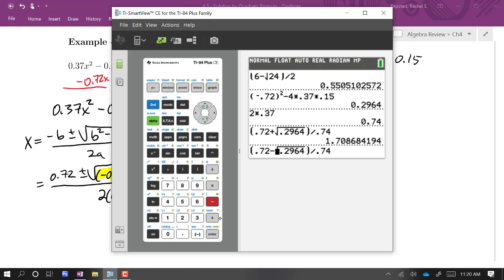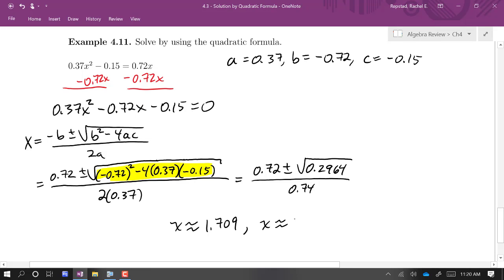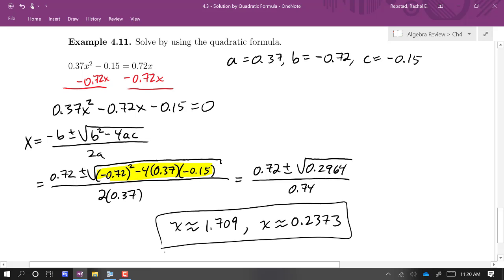Change that to a minus. I get 0.2373. All right. And so now we know how to solve quadratic equations either by factoring, completing the square, or using the quadratic formula.